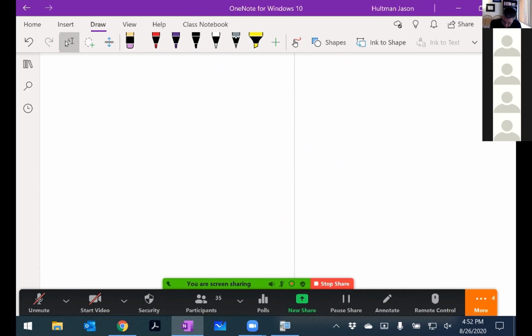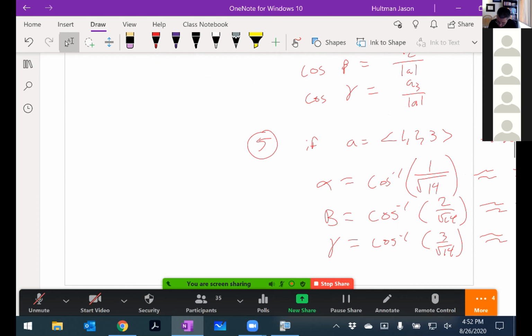Okay, a wagon is pulled. I don't know what number we're on, but whatever. We're on number 6, right? Okay, number 6.